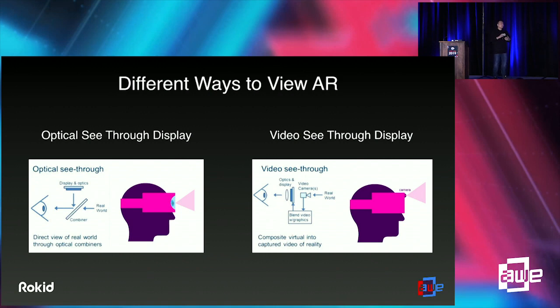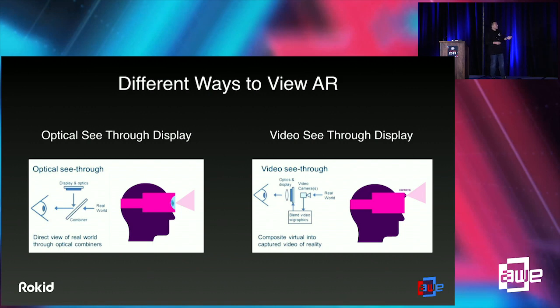Before we start to compare mobile AR and glass AR, let's talk about two different ways to view AR: video see-through and optical see-through. For optical see-through display, the user views reality through optical elements such as waveguides or other optical systems, so that enables graphic rendered images to overlay on the real world.